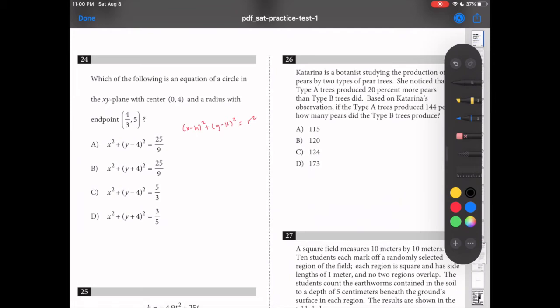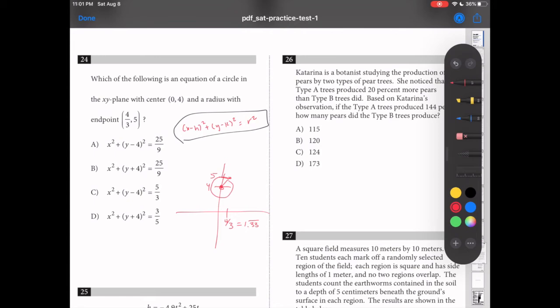24 is about circle geometry. This is as simple as just graphing it out. So let's do that, and we have the equation of a circle shown right here. Alright, center 0, 4. Just a quick sketch will really do. And a radius with endpoint 4/3, 5. So this would be 4/3, that's like 1.33 repeating, and 5. You know, the circle is going to be just like this.